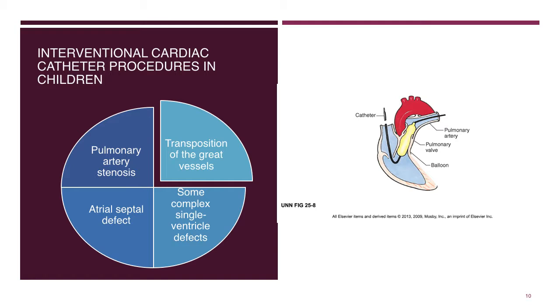Things like pulmonary artery stenosis, transposition of the great vessels, an atrial septal defect, and some of the complex single ventricle defects like left hypoplastic heart. So what they do with infants is they will use the umbilical vessels.